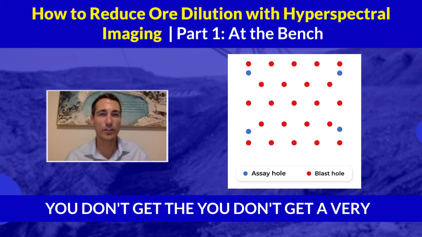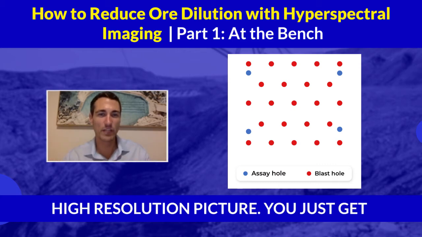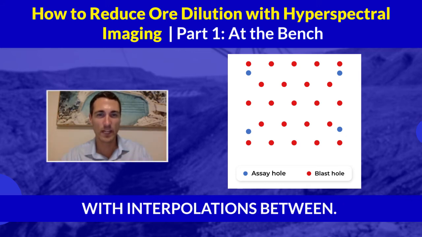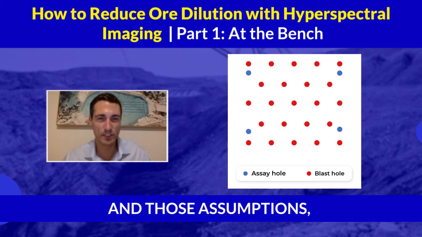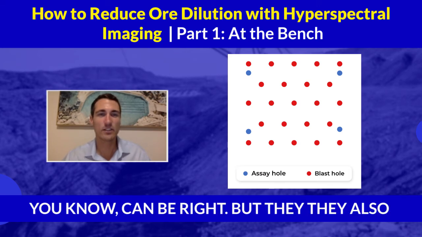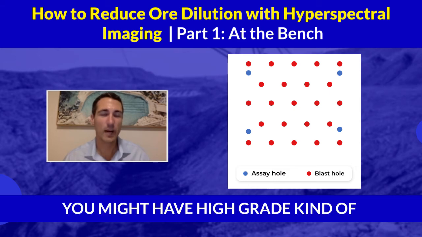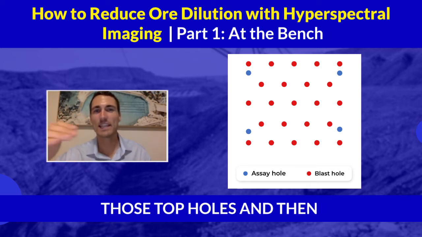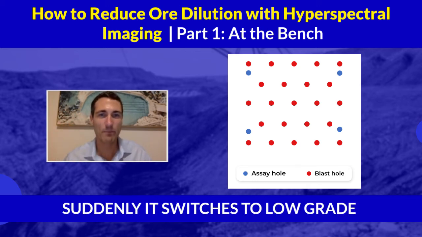You don't get a very high resolution picture. You just get a low resolution picture with interpolations between. And those assumptions can be right, but they also might not be. You might have high grade only go right up to just past those top holes, and then suddenly it switches to low grade, but you won't know that.